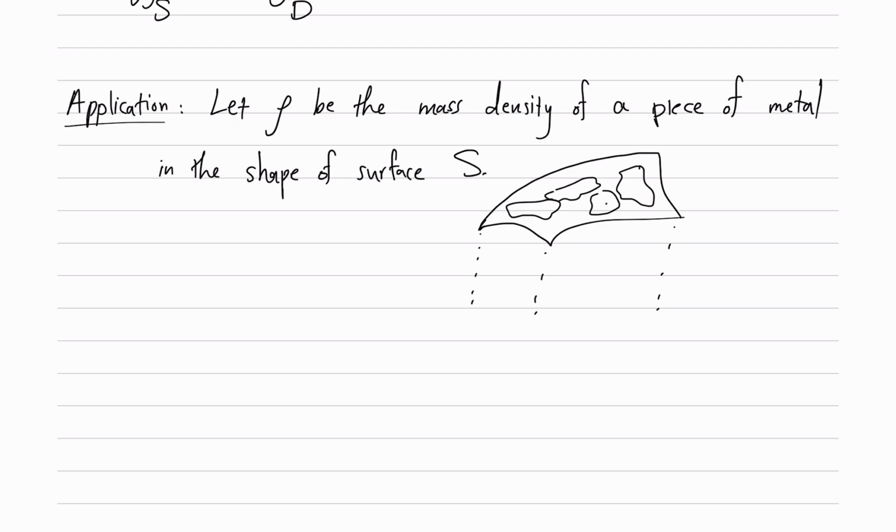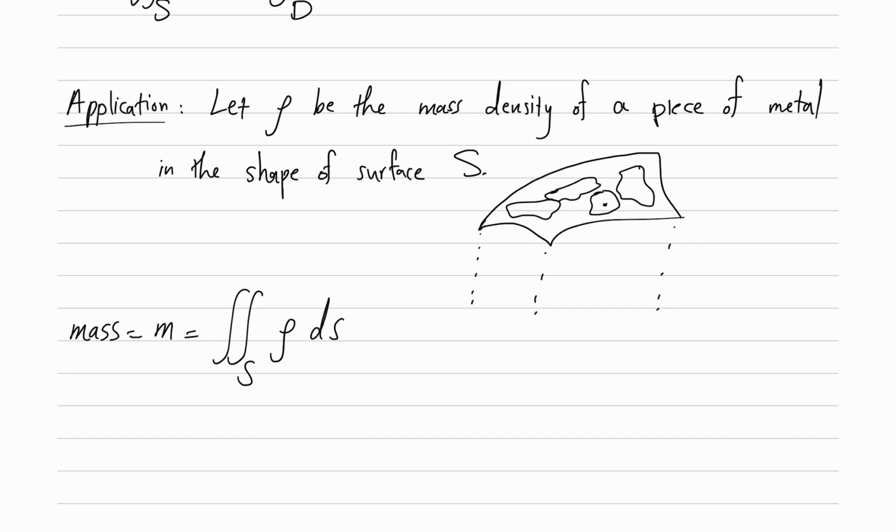So at every point there is a certain density per square feet. And we want to see how much the whole thing weighs. As we have talked about this before in other scenarios, the total mass will be just integrating over this surface the density function rho dS.